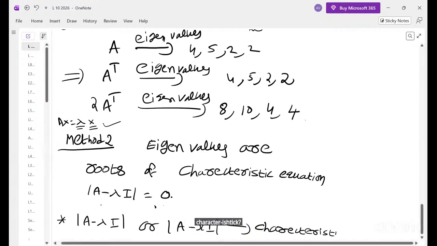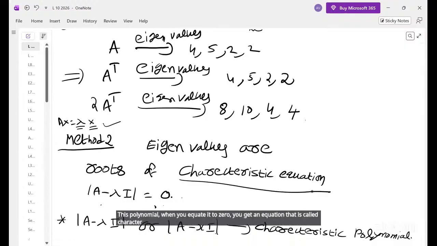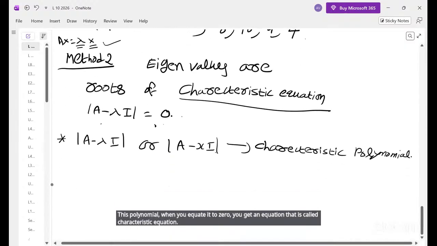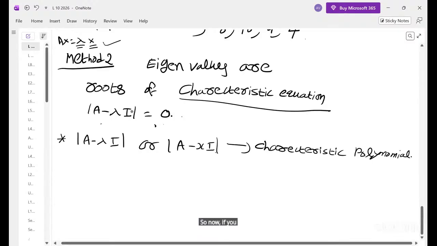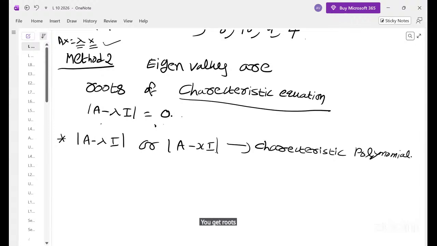Characteristic polynomial. When you equate this polynomial to 0, you get an equation that is called the characteristic equation, CE. So now, if you find the characteristic equation and solve it, you get roots, they are called eigenvalues.